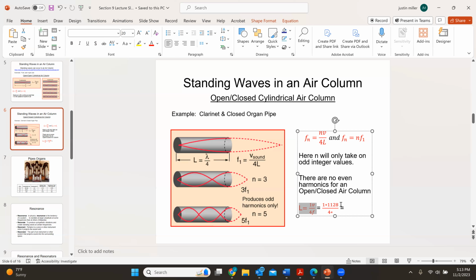Then you'll go 1,128 feet divided by 4 times the fundamental frequency. This 4 times the fundamental frequency here, if you're putting it all in your calculator at once, you need to put parentheses around that. If you do 1,128 divided by 4 times F without parentheses around the 4 times F, your calculator will take 1,128, divide it by 4, and then multiply it by the frequency.